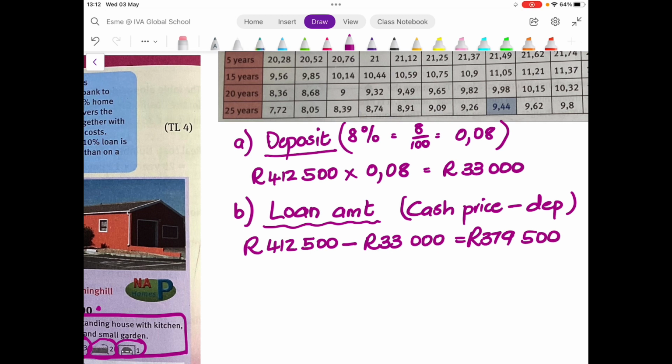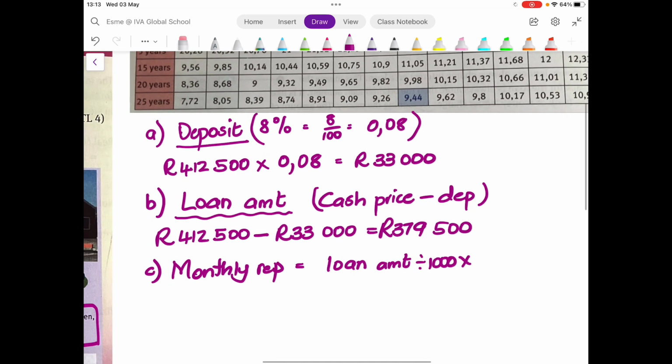Right, and in the previous exercise, you were working with the loan table, so we have to work out what the real cost of this loan is, and in order to do that, we have to do the monthly repayments. So monthly repayments, and here you are going to be given, it is the loan amount divided by 1,000 times the factor.